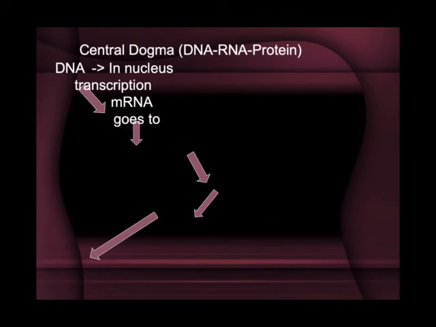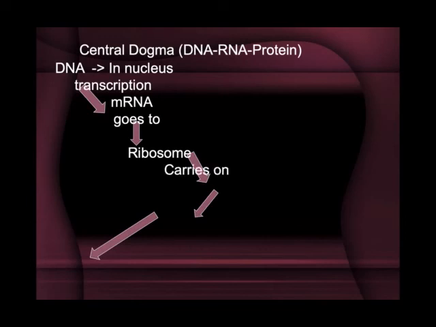The mRNA then goes to the ribosome, which is not in the nucleus. The mRNA has to leave the nucleus and find the ribosome, which is either floating around free in the cytoplasm or attached to the endoplasmic reticulum.